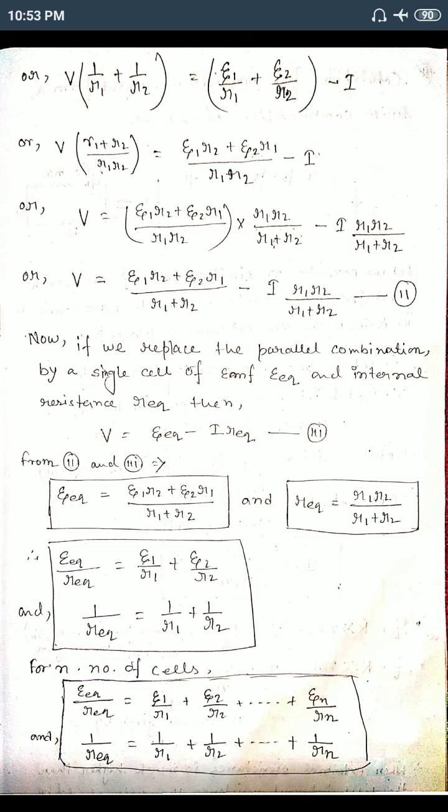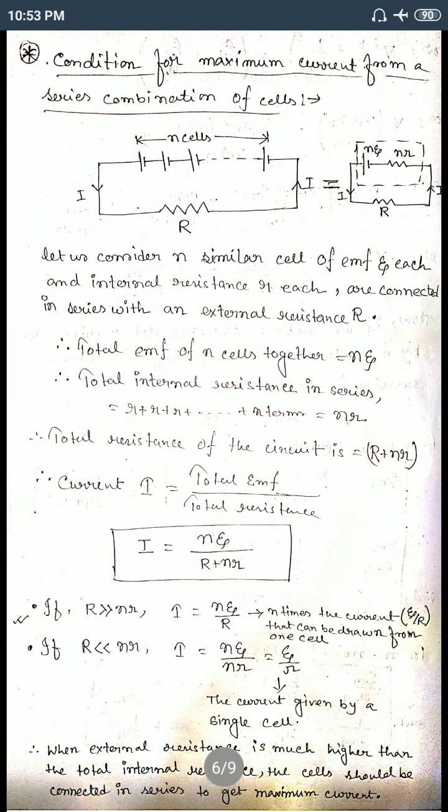So it also happens in the parallel combination of two cells for internal resistance. So these are the EMF and equivalent internal resistance for the parallel combination. If n cells are there, then we add terms up to n in this equation. Clear?